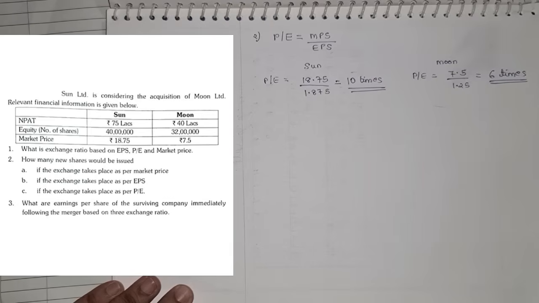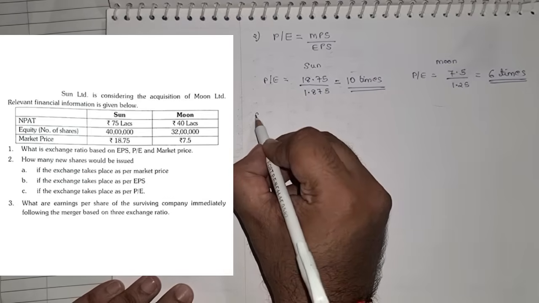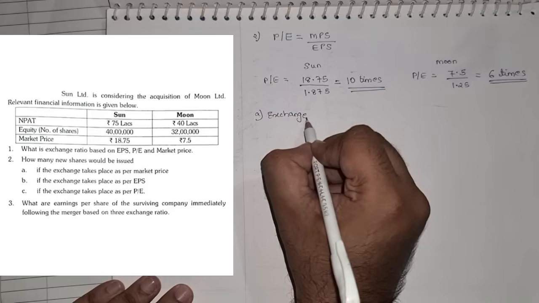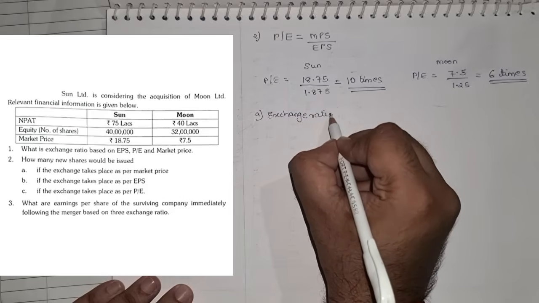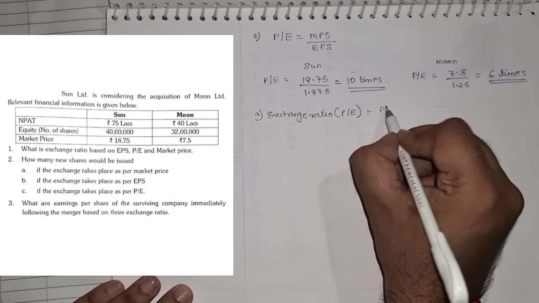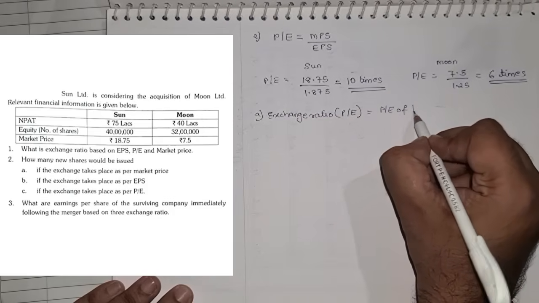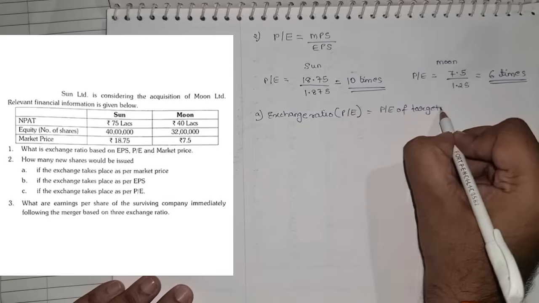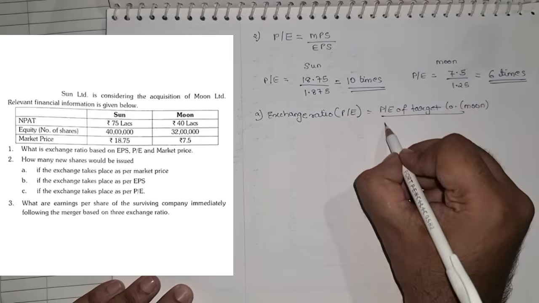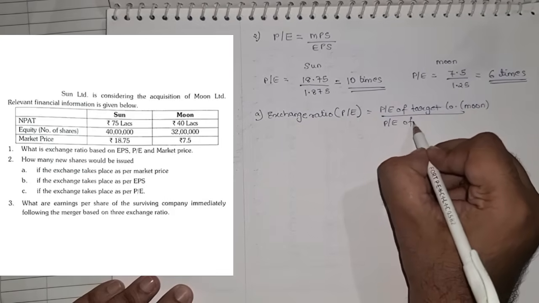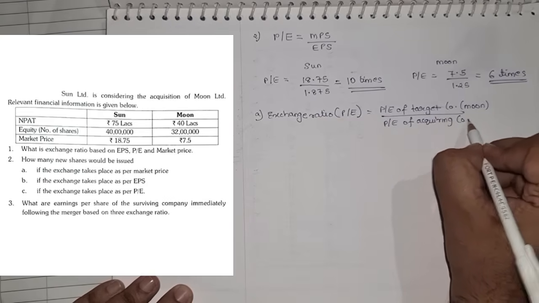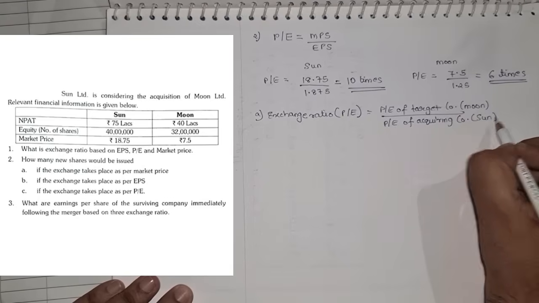Okay, so number one, they asked us to find the exchange ratio. So again, I'll write here A, exchange ratio as per PE ratio. The formula will be PE of target company, which in this case is Moon, upon PE of acquiring company, which is Sun Limited.